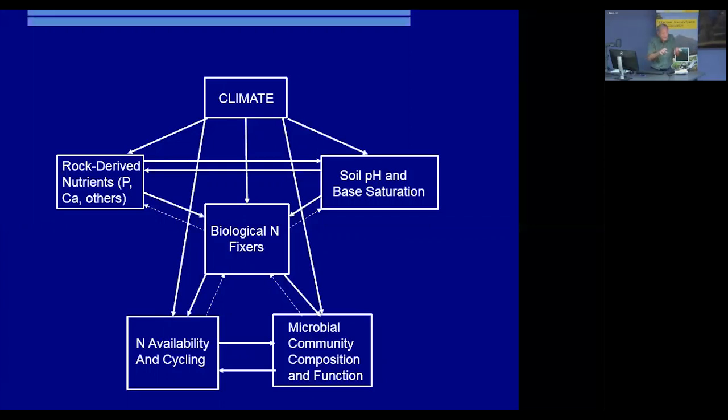It's a really important control. It may be a proximate control, but it's not independent. And we think that microbial community composition and function occupies about the same level of the hierarchy of controls as nitrogen availability and cycling. They control each other very importantly, but they're derivatives of things that happen at more ultimate levels of control.